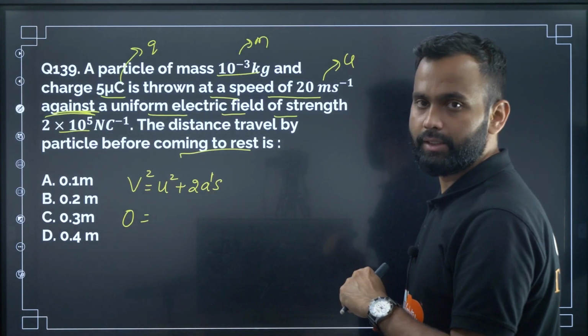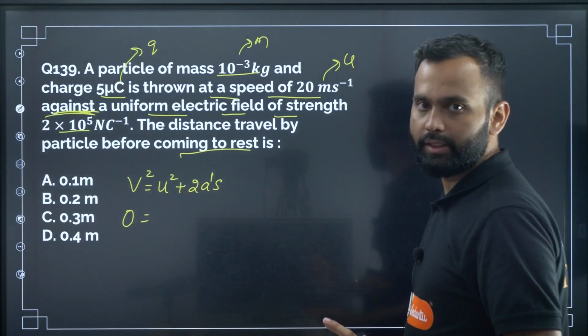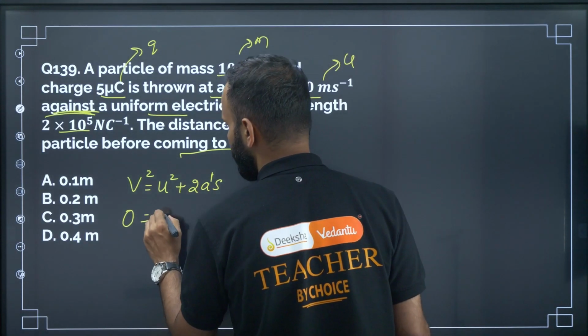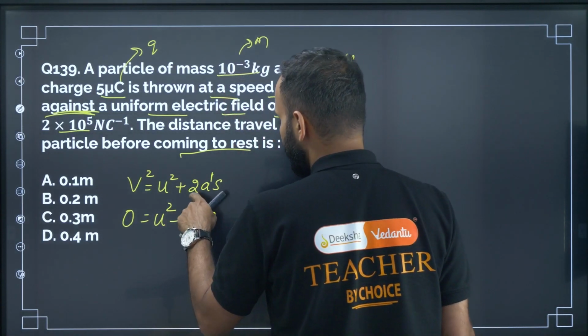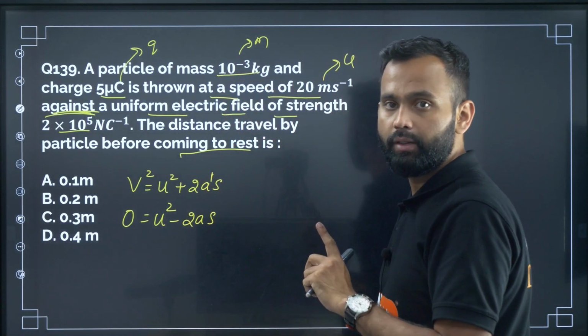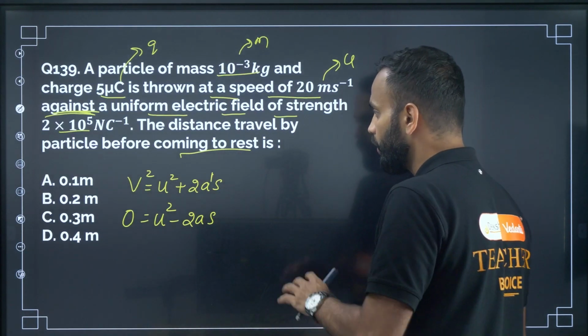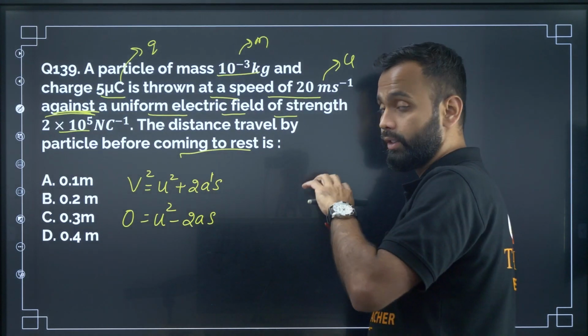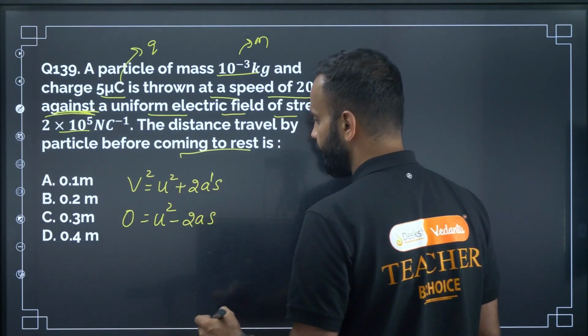Here a dash is retardation, not acceleration. So a dash equal to minus a, right? So 0 equal to u square minus 2as. Here a dash is minus a. So it's a retardation, not acceleration, because the velocity of the charged particle decreases when it moves against the electric field.